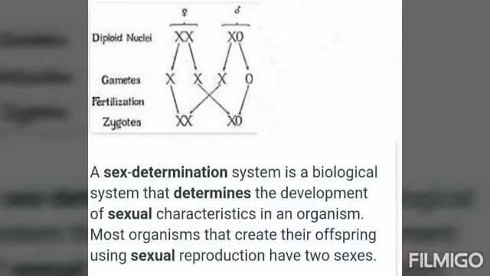Sex determination is a biological system that determines the development of sexual characteristics in an organism. Most organisms create their offspring through sexual reproduction. There are two kinds of reproduction, sexual and asexual, which we will study in the next chapter, how organisms reproduce.